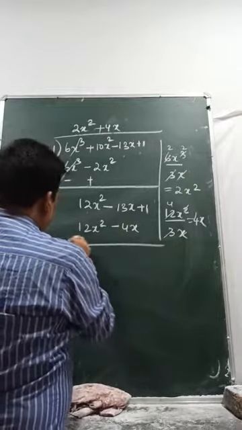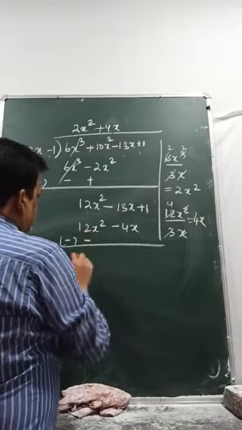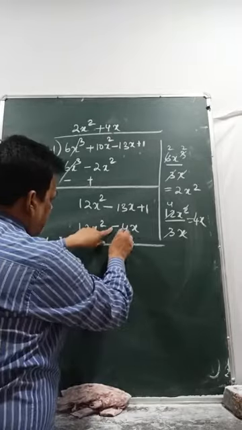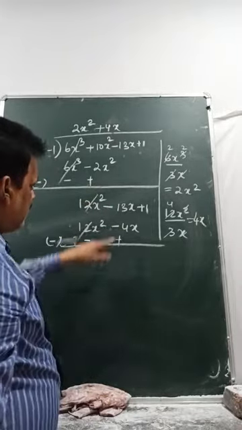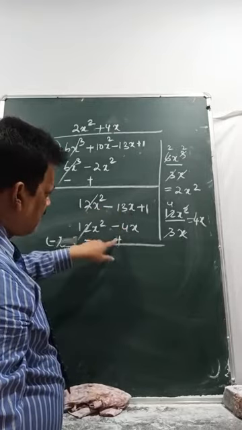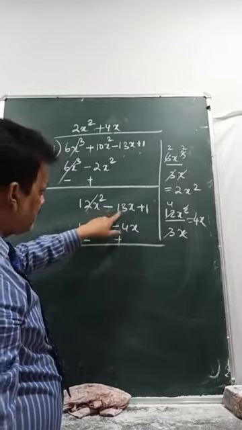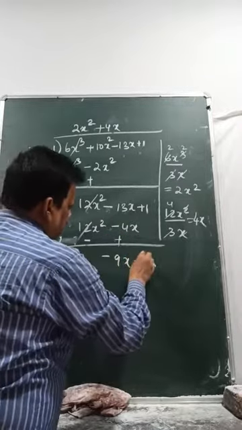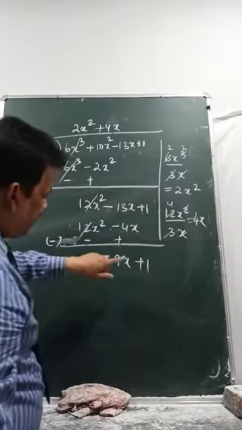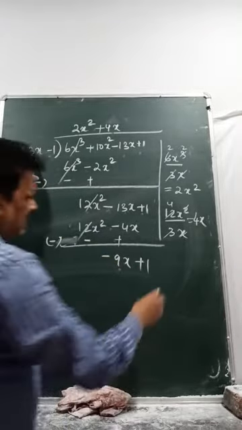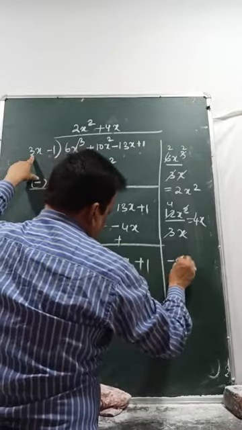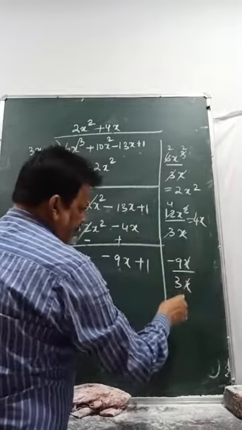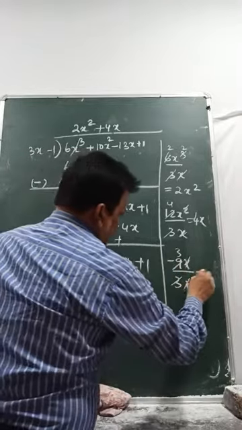Now subtract. If you subtract, signs change: plus will be minus, minus will be plus. So this is cancelled. Now minus 13 plus 4, opposite signs subtract, is minus 9x plus 1. This 1 comes down. Again divide first term by first term: minus 9x divided by 3x is minus 3.